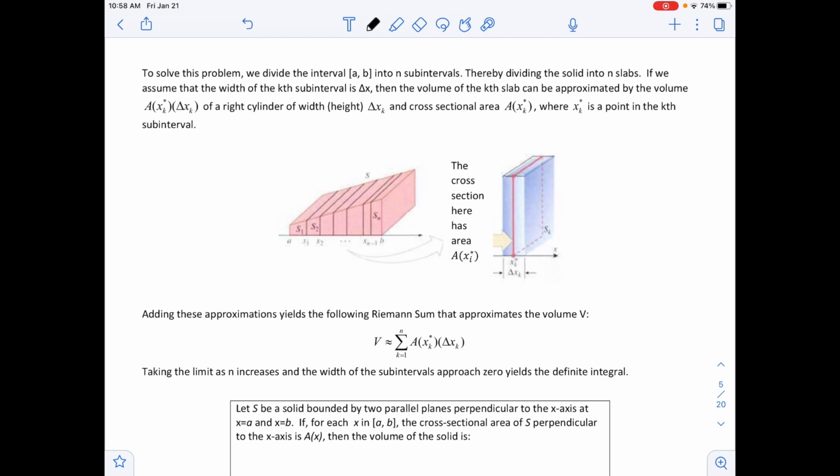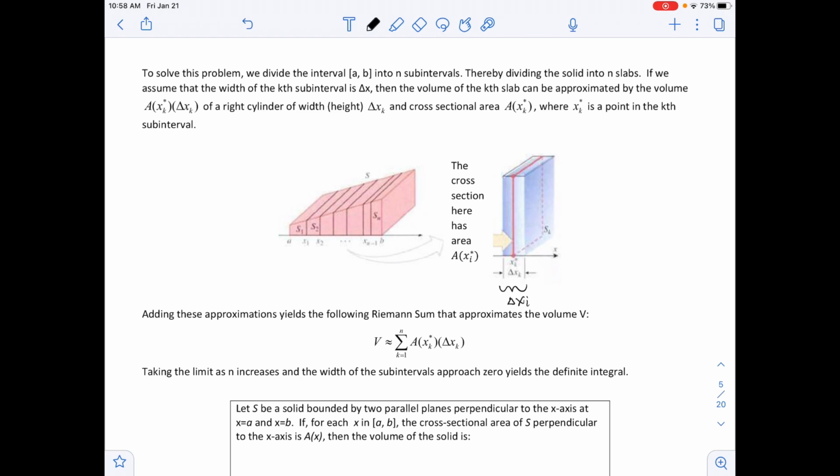It is the volume of a right cylinder with a height of delta x sub k and a cross-sectional area that we're going to call A of x_k star, where x_k star is a point in the kth subinterval. So in the pictures, you can see the cross-section and the area that it would have, and this width right here is just our delta x sub k.